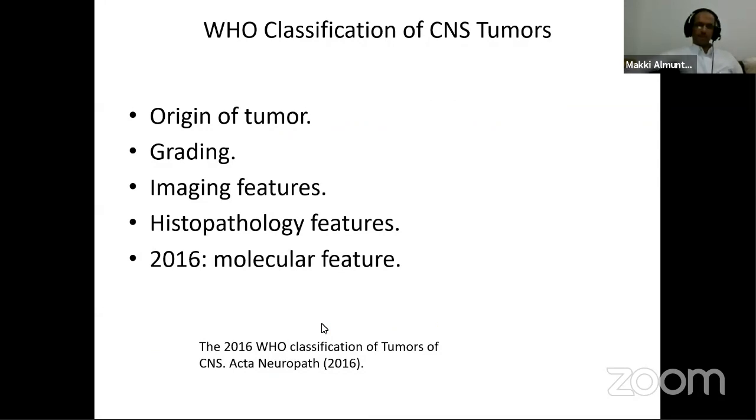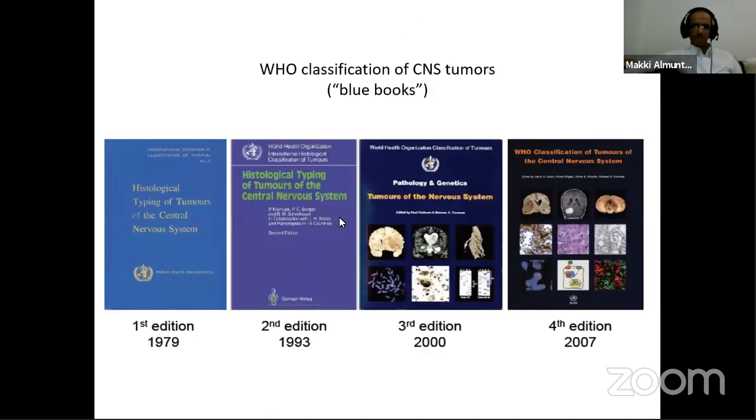In the previous WHO classification, they spoke about brain tumors based on histopathology till 2007. In 2016, they considered the molecular features of the tumor to be in the classification. These are the briefest classifications, started in 1979 till 2007.